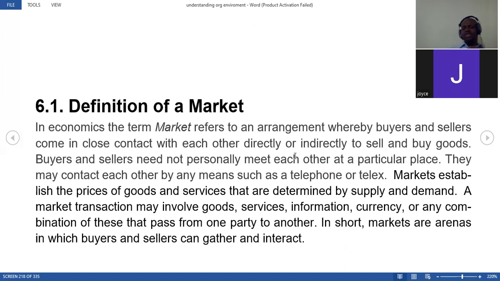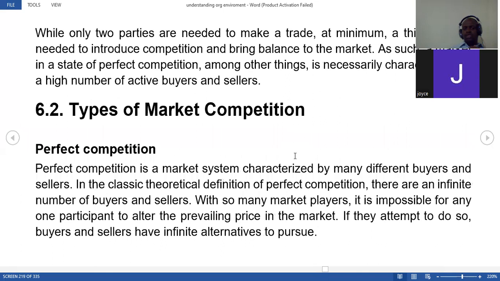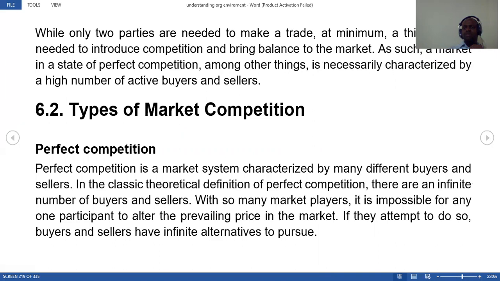So for any trade to take place, we need to have the two players. But sometimes you have a third player who is called the intermediaries, who basically play as agents in the market for purposes of ensuring that at the end of the day, you have what is called competition.